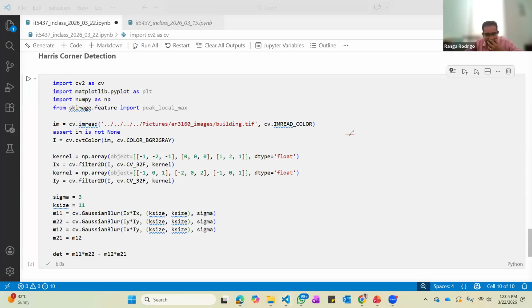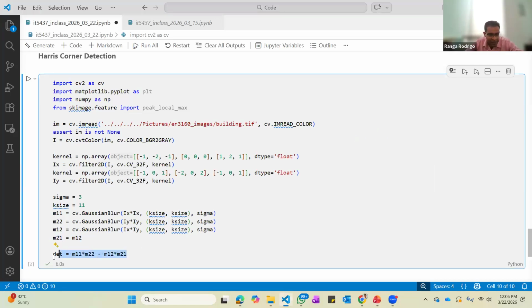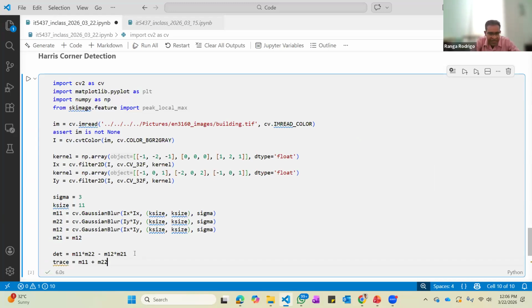If you have something like A, B, C, D, this has four elements, no? How do you get the determinant? AD minus BC, right? That's the determinant. Very easy. That's exactly what we are doing here. And we know the trace is M11 plus M22, the diagonal elements.